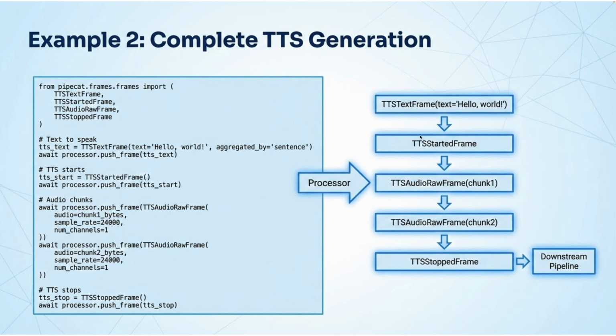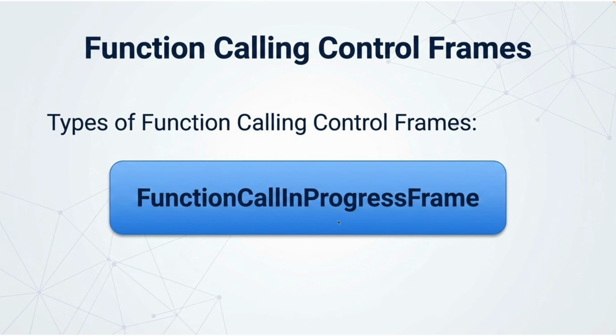So the flow is: once the TTS text frame is received, then TTS start frame, audio raw frames, different audio frames based on the response, and then the TTS stopped frame. Based on the text, we generate this audio, right? So this is how the flow works. Once the text is received, then TTS started, then TTS end, and in between we have the audio frames. And this is the code example for the same.